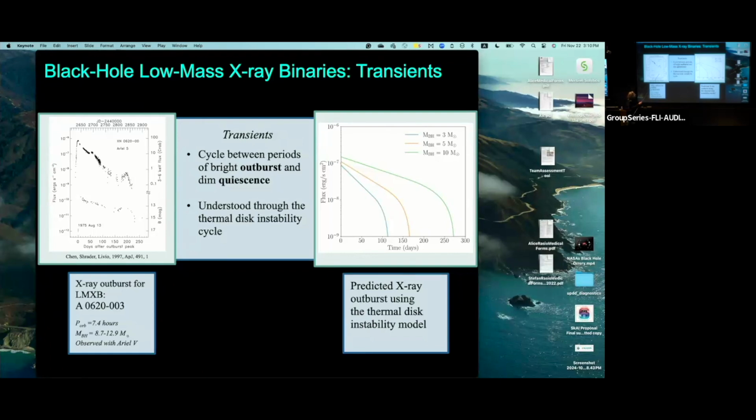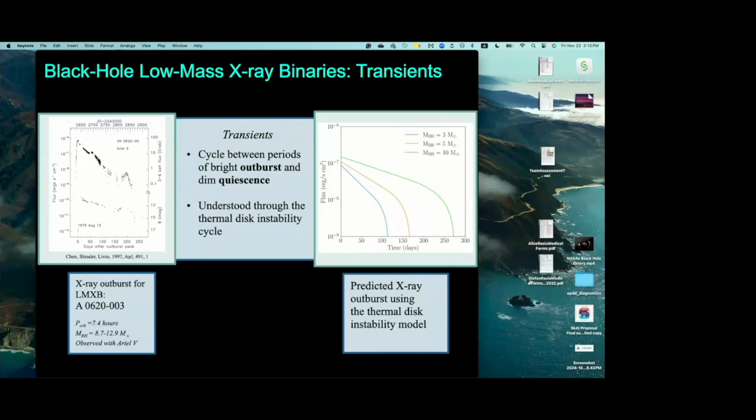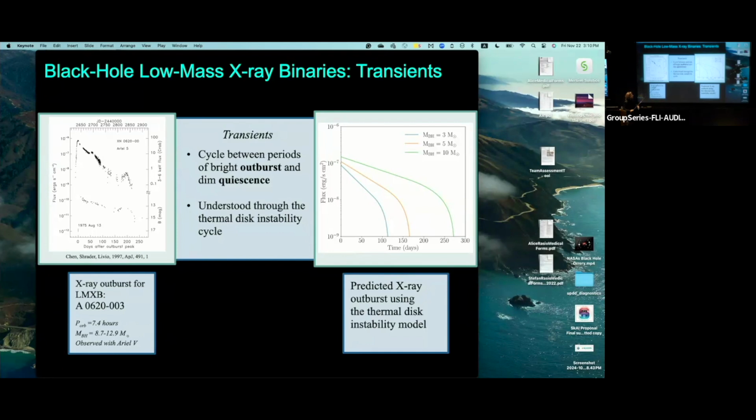This is basically a thermal instability. It has to do with the ionization of hydrogen in the disk and how mass transfer actually works in these systems. Mass transfer is episodic in these systems through this thermal ionization instability.